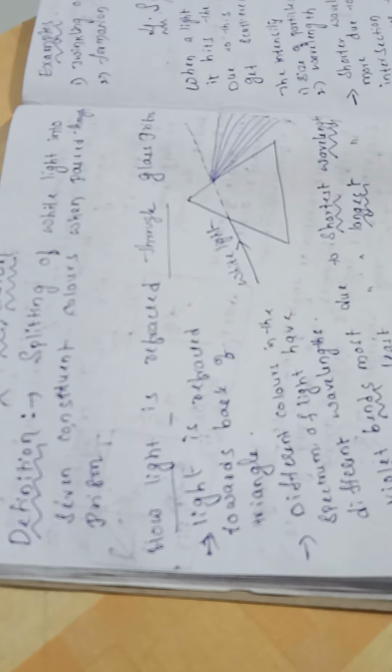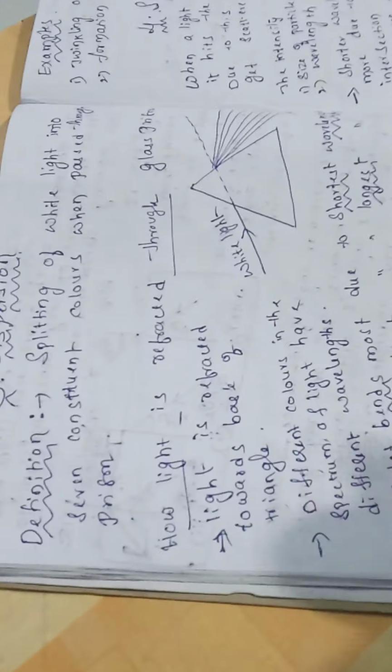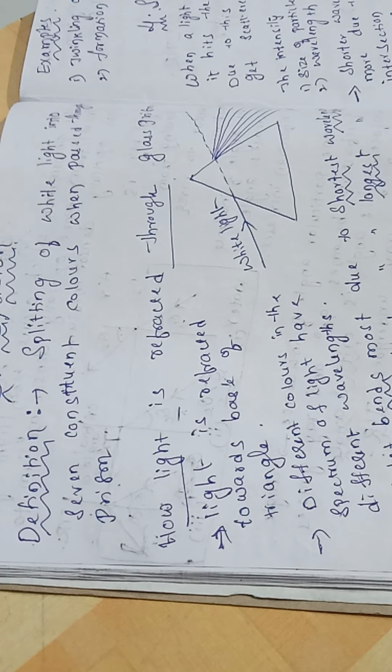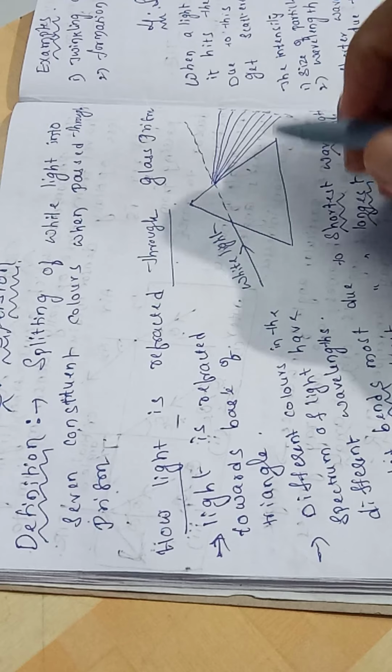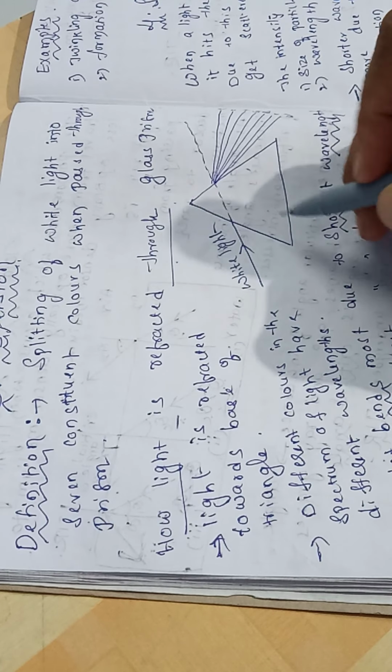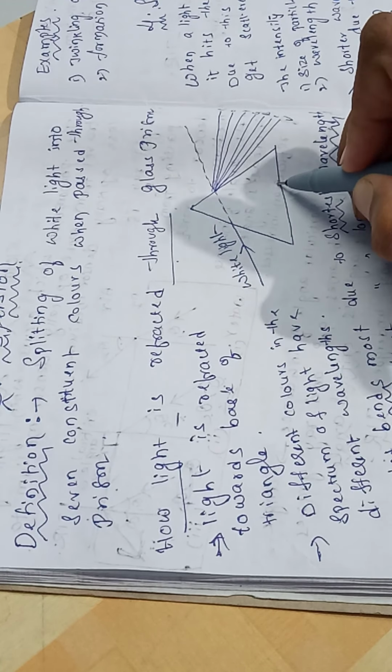Now dispersion. Dispersion means splitting of white light into 7 different colors. Then how is light refracted through a glass prism? Actually, light is refracted towards the base of the triangle.